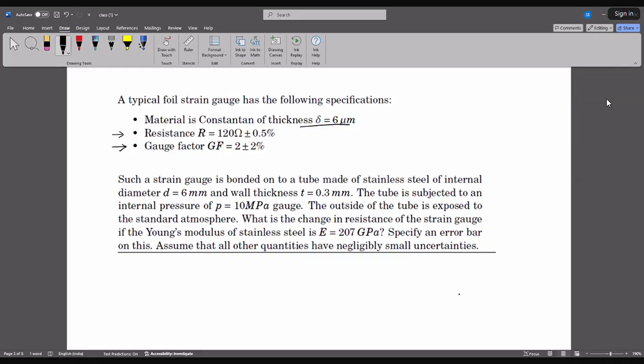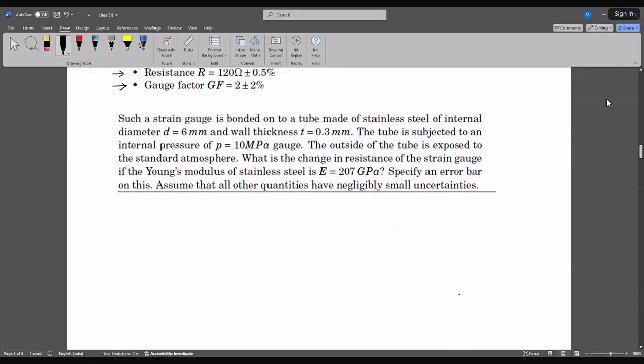Such a strain gauge is bonded onto a tube made of stainless steel of internal diameter 6 mm and wall thickness of 0.3 mm. The tube is subjected to an internal pressure of 10 megapascal. That is gauge pressure. That means with respect to the atmospheric pressure. The outside of the tube is exposed to the standard atmosphere.